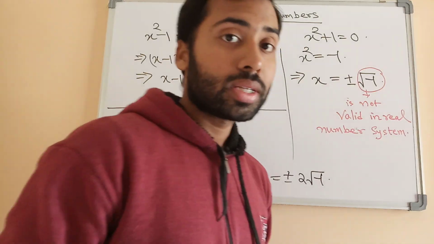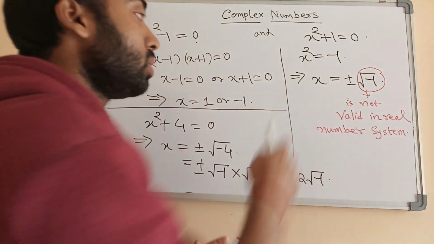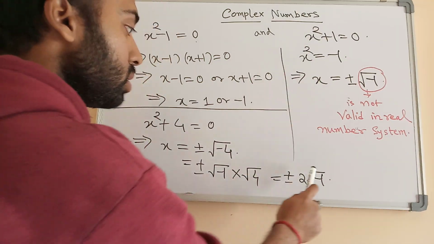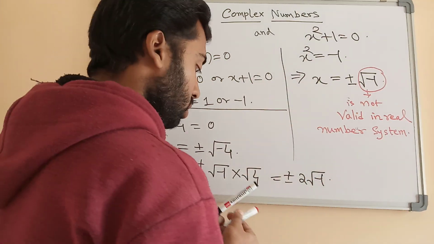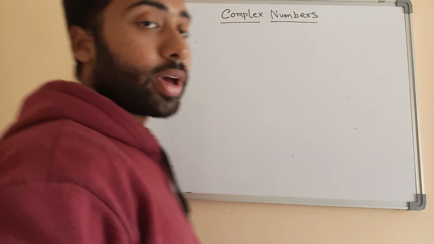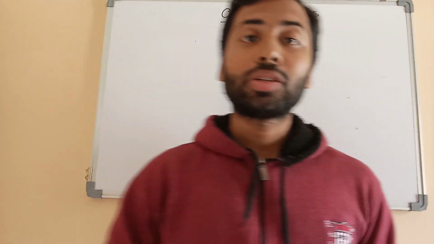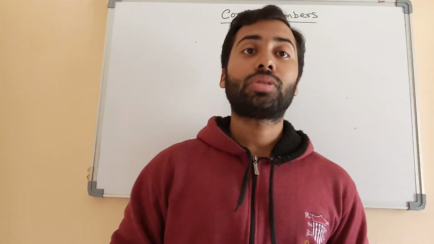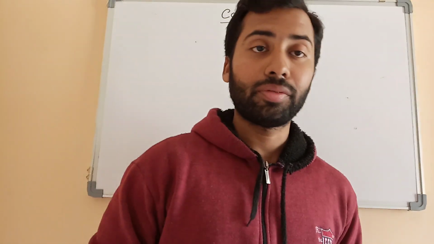As we can see, in every equation of this type, this root under minus 1 is the common term. The root under minus 1 is common for all those numbers where the term under the square root is negative.